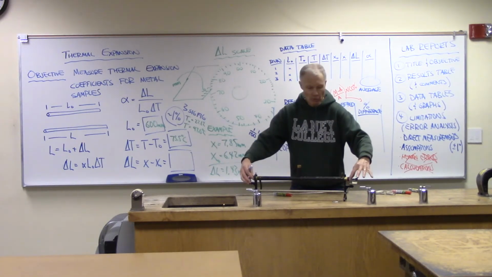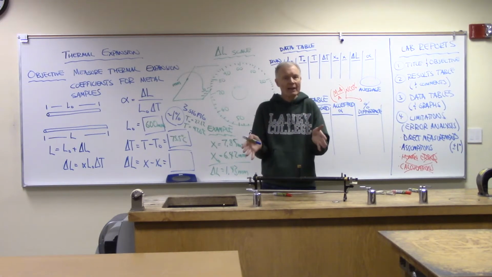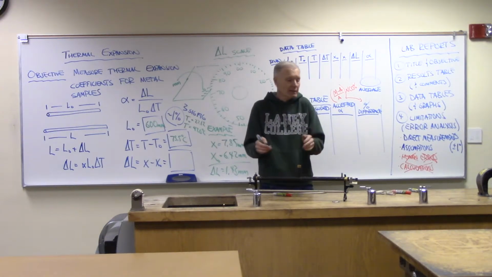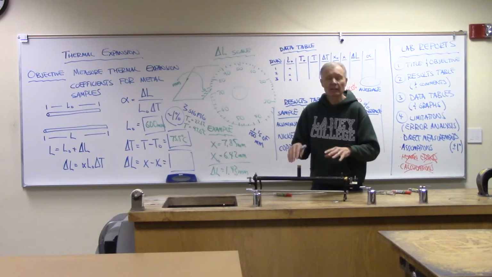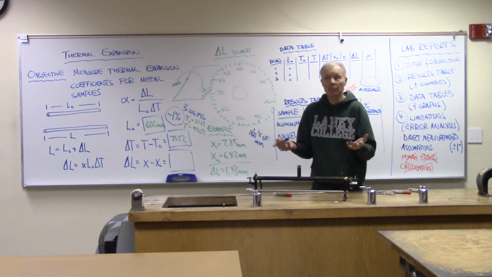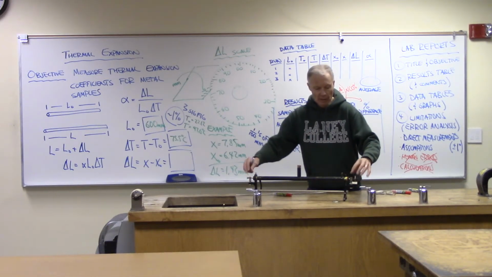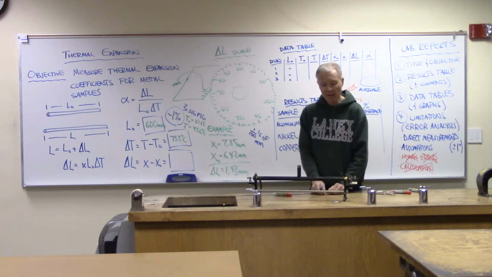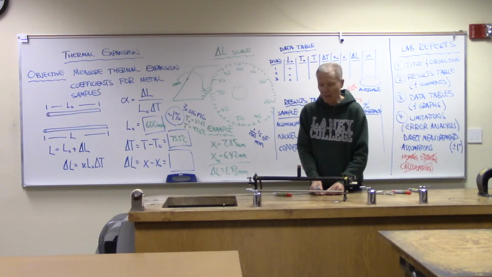And we need to make sure that the stoppers at the ends are not stoppered too tightly. If they're stoppered really tightly, we run the risk again that the metal sample inside is not free to expand by however much it wants to expand. So I'm going to leave a little bit of a gap here so that it expands freely. Okay, that's the plan. That's what we're setting this up to do.